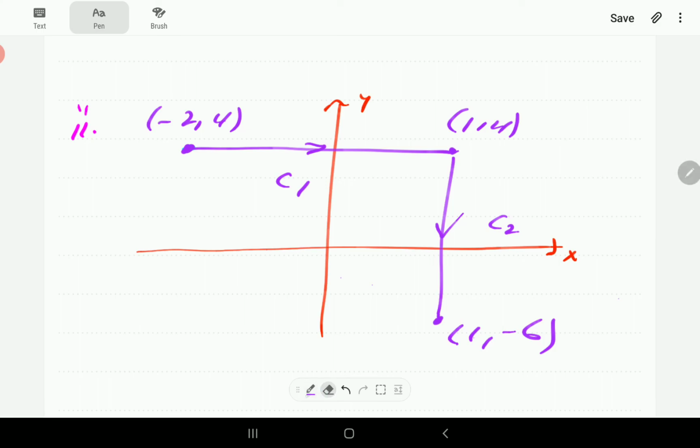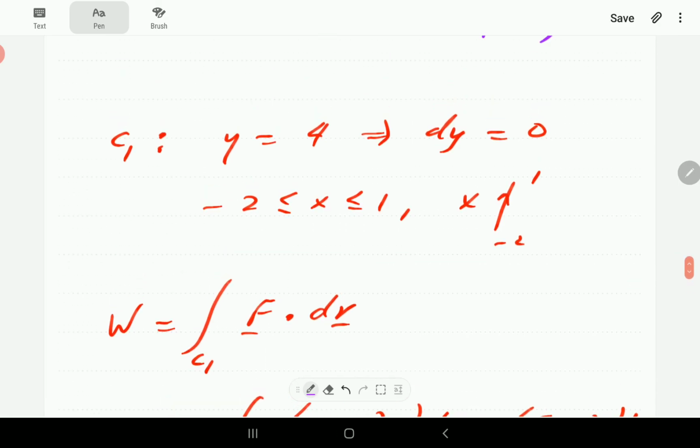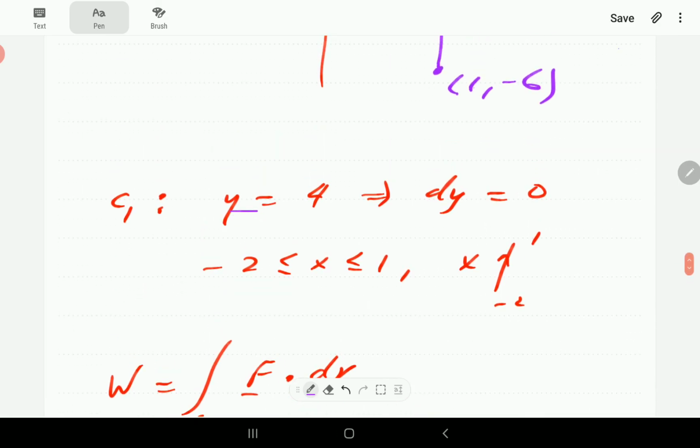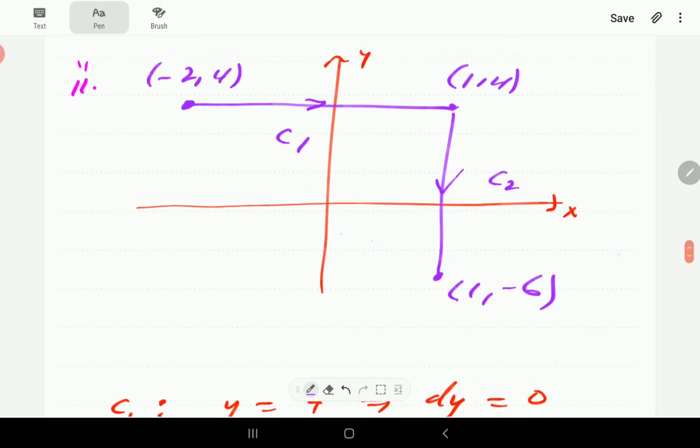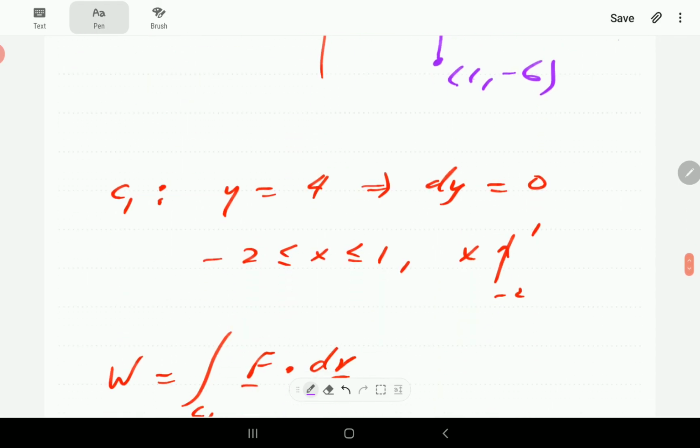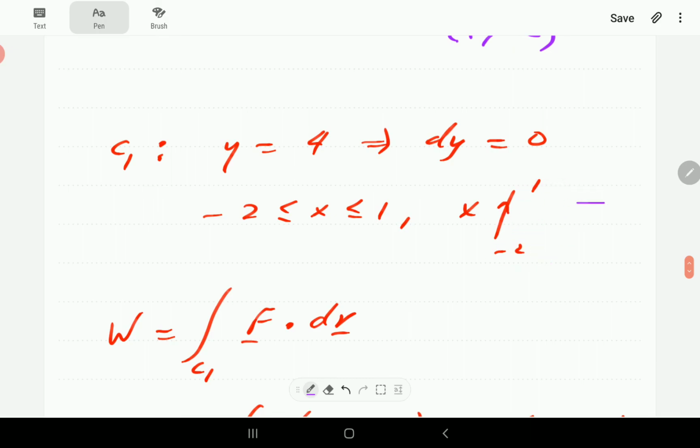If we call this one C1, then the equation for C1 is y equals 4. Differentiating on both sides gives dy equals 0. X varies from -2 to 1. So that's going to be our x limits.